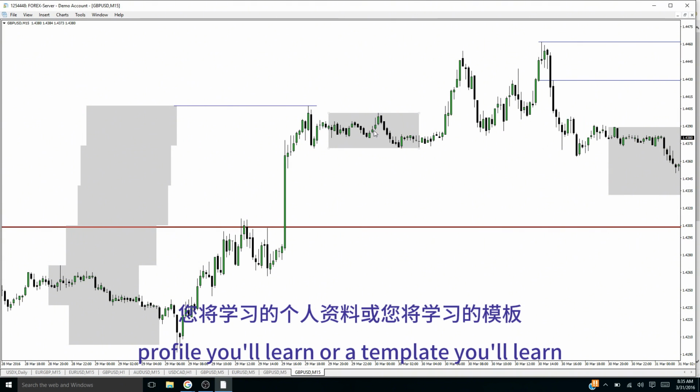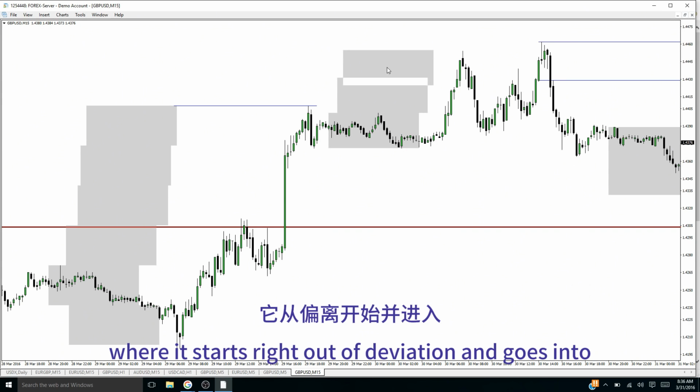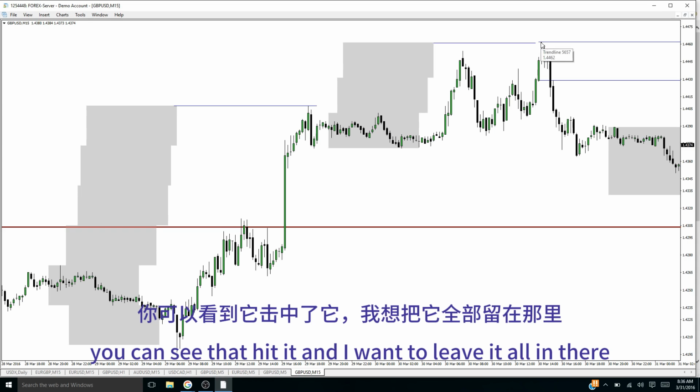profile, or a template you'll learn this Saturday, where it starts right out of the deviation and goes into, there you go, you can see that, hit it.